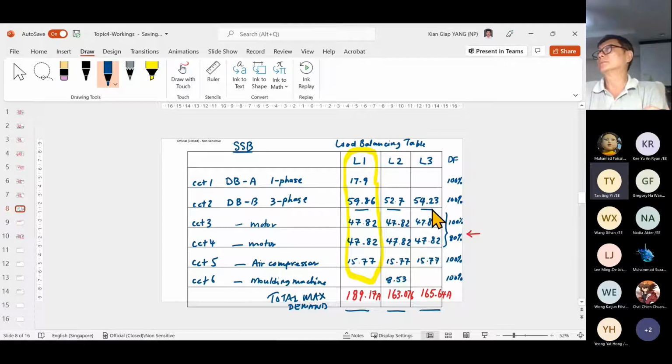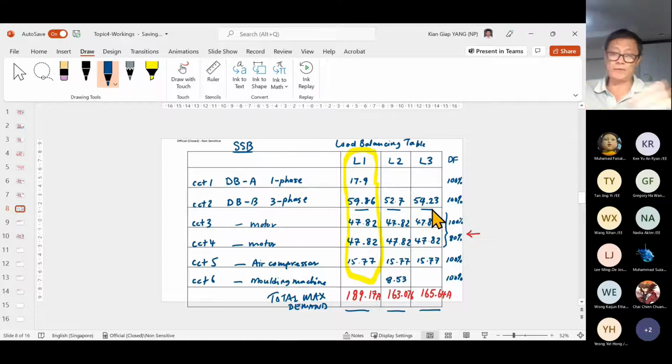Okay, I understand. Okay, yeah. So at least you observe it. This is the process. This is how we do the load balancing and then we transfer to the main board. Okay. Yeah, okay. Thank you, Joe.